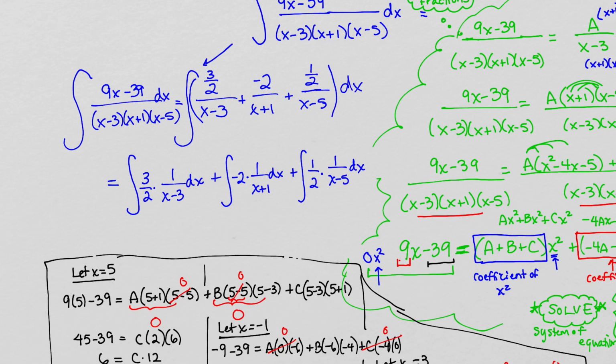As I mentioned, we could do a quick u sub. You could let u equal x minus 3. du is dx, just like we did in class, and then that's going to give you the integral of 3/2 times 1 over u du, which we know is just 3/2 times the natural log of the absolute value of u, which is just 3/2 times the natural log of x minus 3.